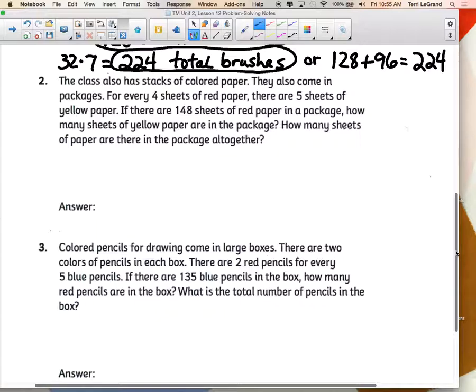Okay, tell me what you think we should do. How should we start? We need to draw the tape diagram, don't we?